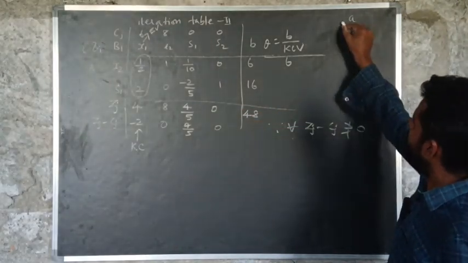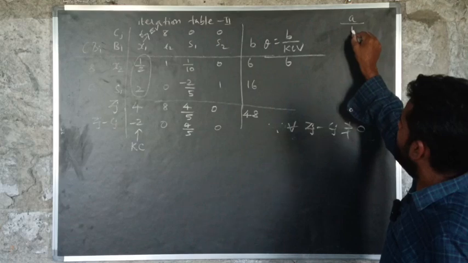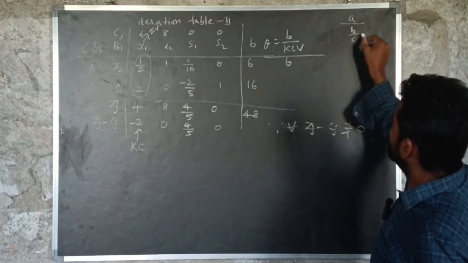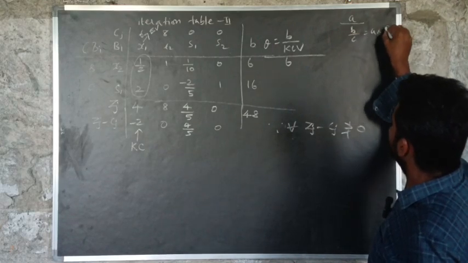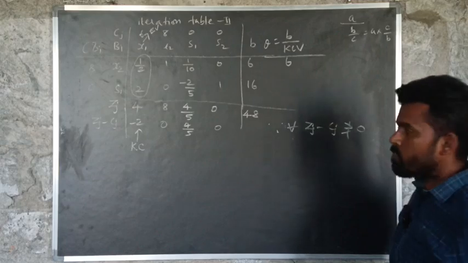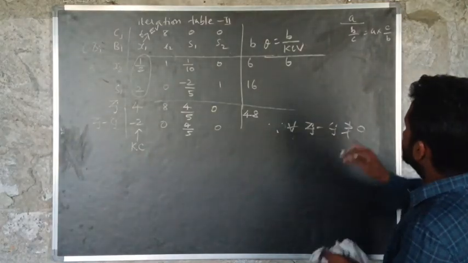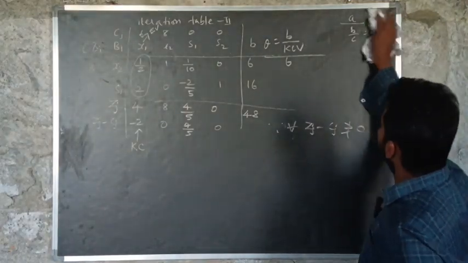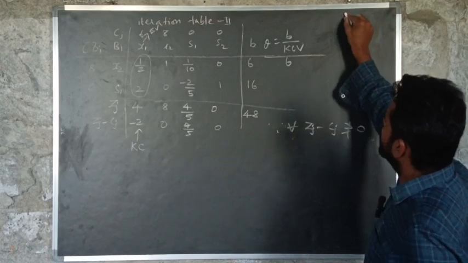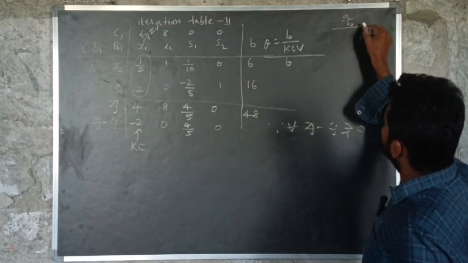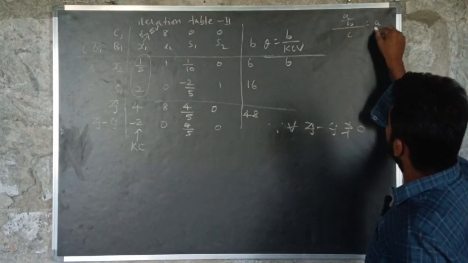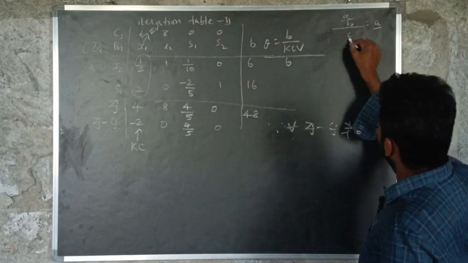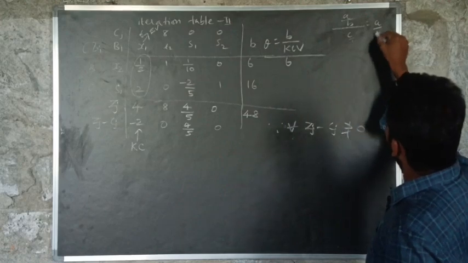Say a divided by b by c, we can write a into c by b. And one more case: a by b divided by c, you can write a by b into 1 by c.